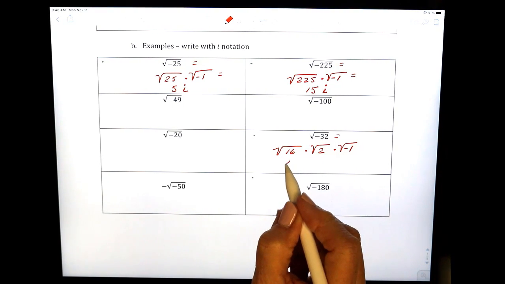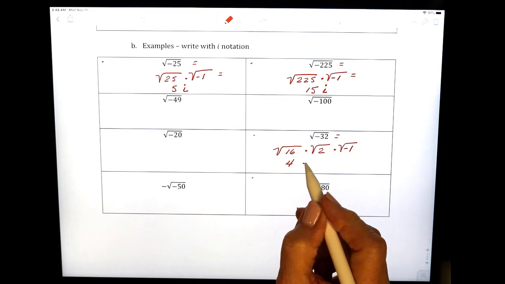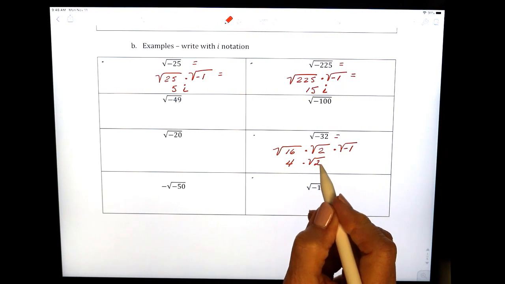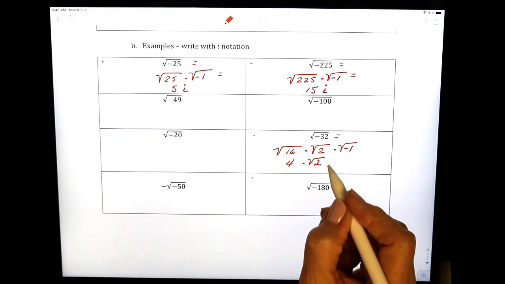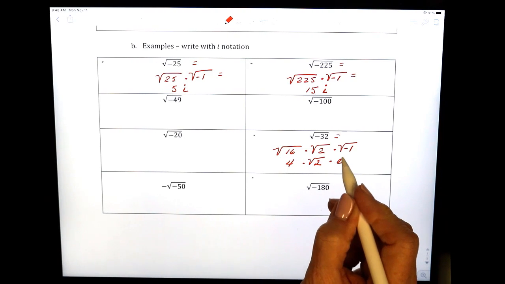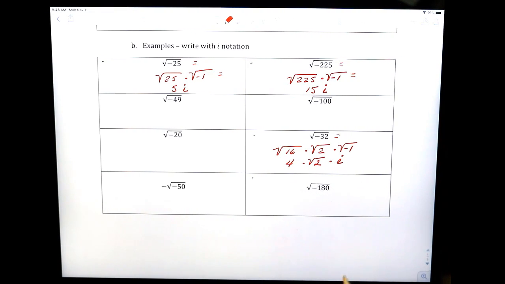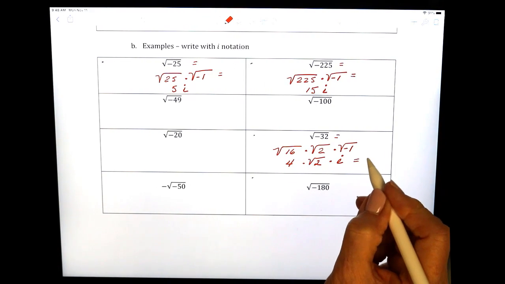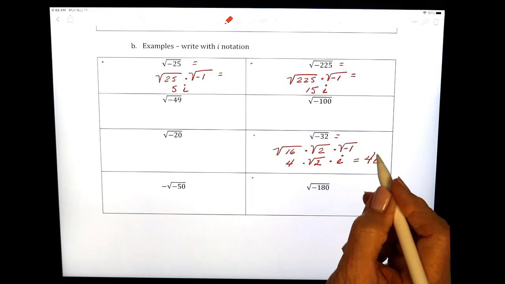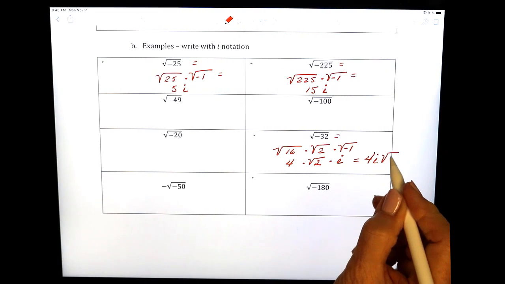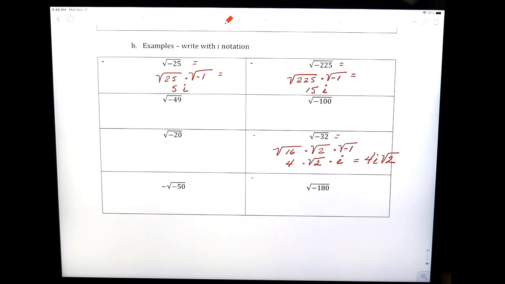So the square root of 16 doing the work is 4. The square root of 2 is just the square root of 2. I cannot simplify that. And then the square root of -1 is defined to be i. So let's put it in the proper form. Let's put the 4 and the i first, and then let's let the radical part of the expression come last. So 4i times the square root of 2.